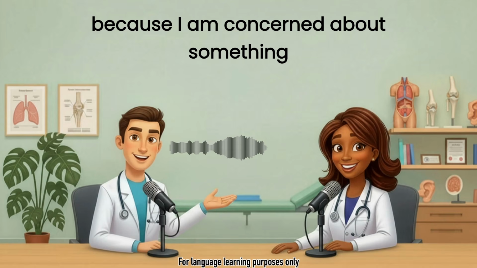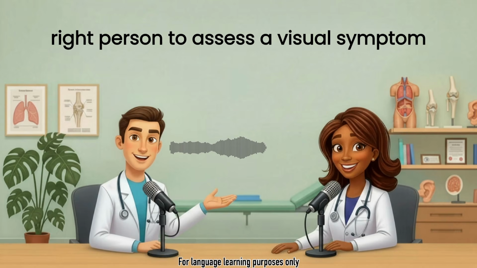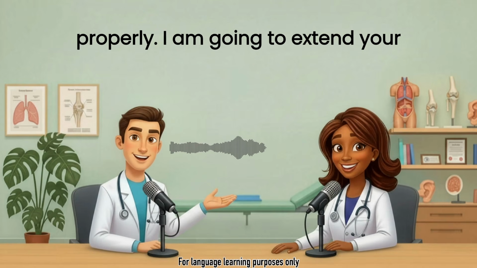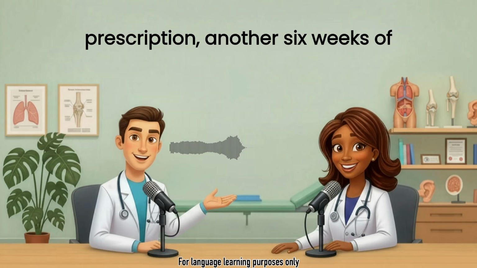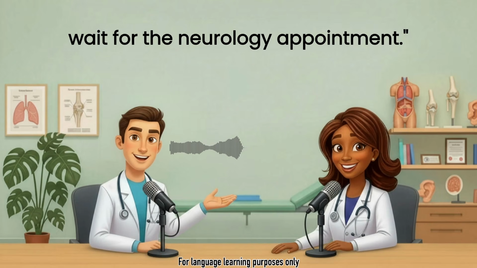Not because I am concerned about something serious, but because a neurologist is the right person to assess a visual symptom like this. It means we are doing this properly. I am going to extend your prescription. Another 6 weeks of amitriptyline at the same dose, while we wait for the neurology appointment.